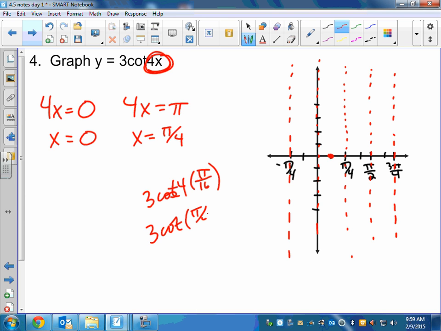And what is the cotangent of pi fourths? 1, but what's this 3 going to do to it? Stretch it by a factor of 3, which means instead of going up to 1, I'm going to go up to 3. And instead of going to -1 on this side, I'm going to go to -3. So I've squished in my period in between 0 and pi fourths, and I've stretched that out. That's exciting. And I made like 8,000 periods here.